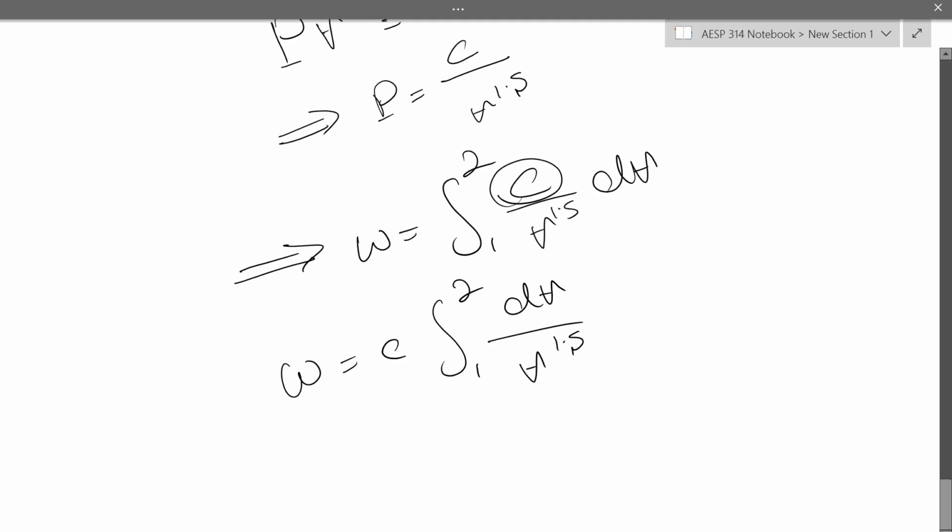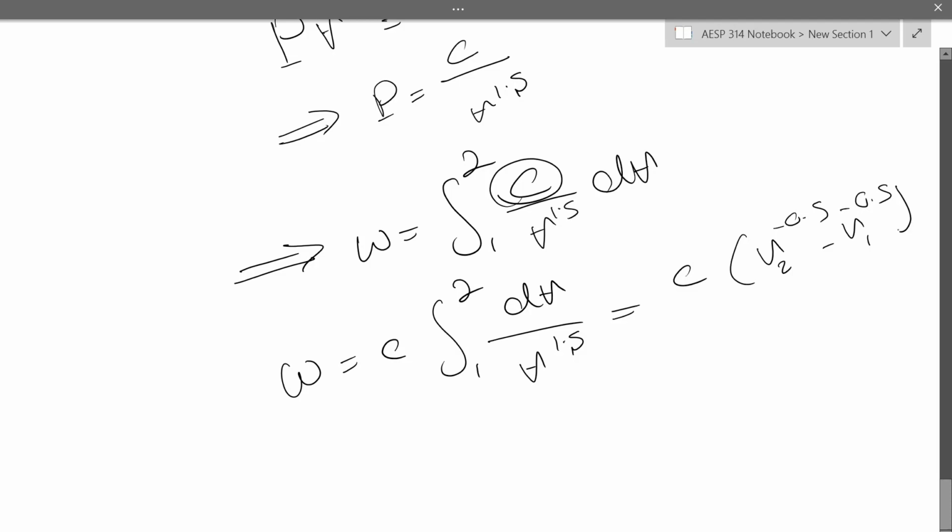What is the solution to this integral? dV divided by V to the power 1.5. This is a very simple integral. V to the power negative 1.5 dV. You just have to add 1 to the power. So it's going to be C multiplied by V2 to the negative 0.5 minus V1 to the negative 0.5, right?